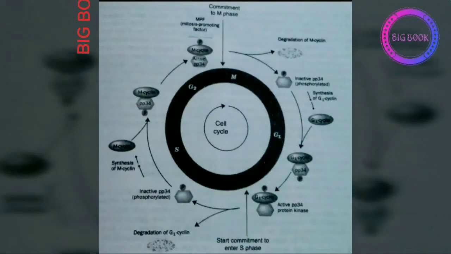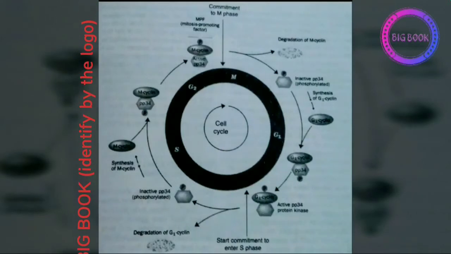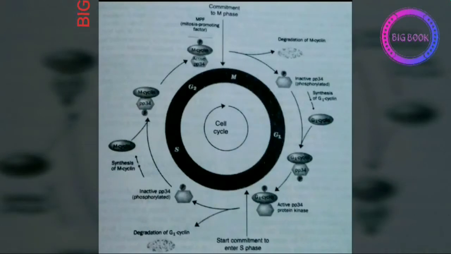Further, in the G2 phase, again there is the second point, that is the M phase point, which is going to initiate the mitotic phase, that is the condensation of the chromosomes and the separation of the chromosomes. For that, the phosphorylated p34 will get attached with the M cyclin, forming the mitosis promoting factor.